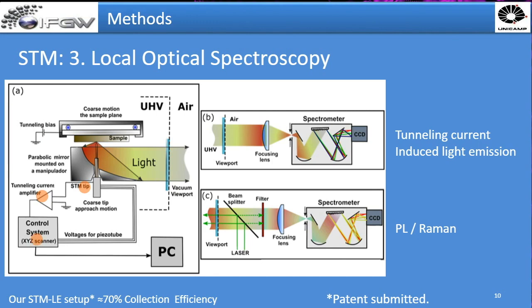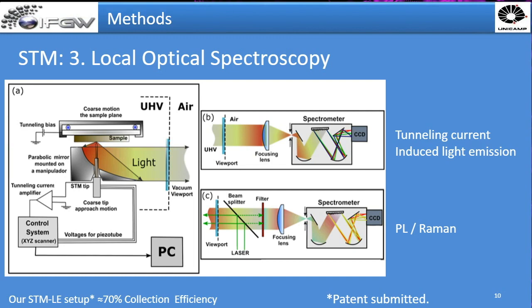And we apply voltage to the 3 piezos that control the height and the lateral positioning of the tip to make images, of course. But when the tip is in close range, so we have tunneling, or we are somehow adding electrons to the sample, and the sample is optically active, so direct band gap and things like that, the light is generated, and this mirror can have a very high numerical aperture.